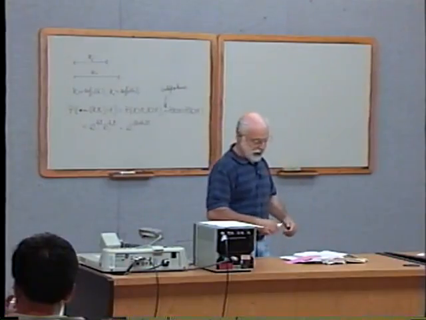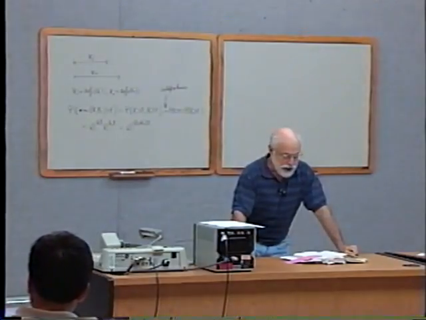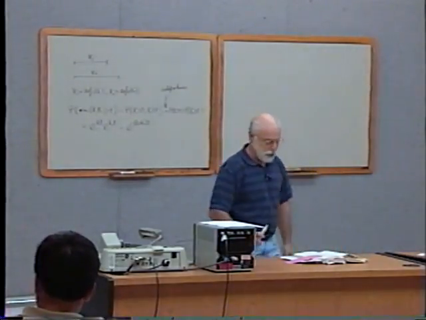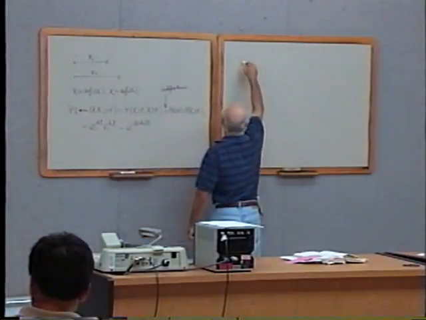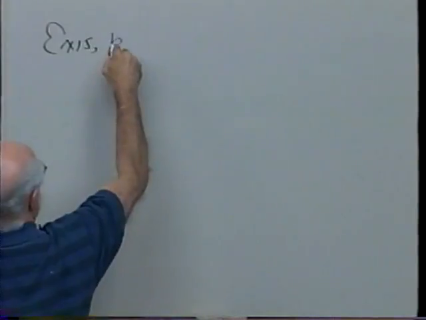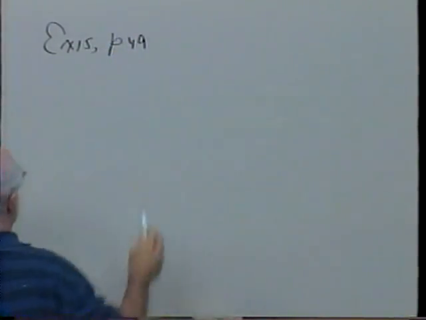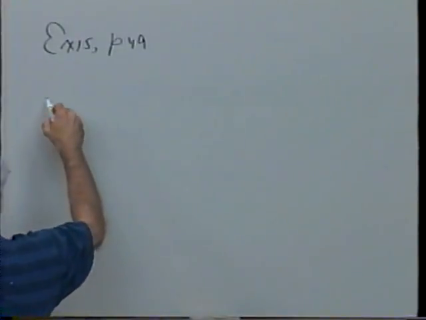Now, the question I want to ask is given by exercise 15 on page 49. There the question is to find the distribution of the min given the condition that you know which one the min is.